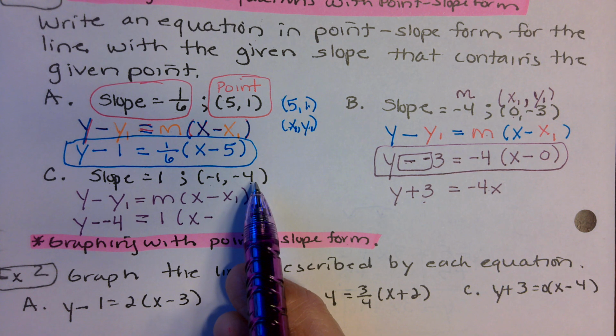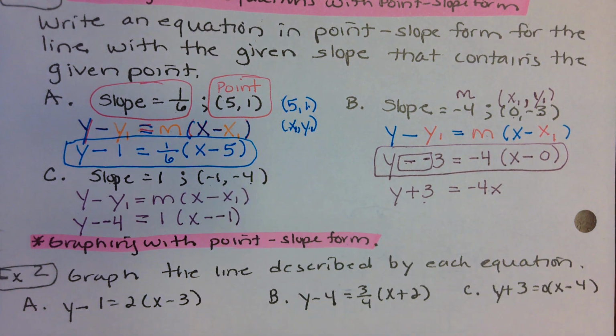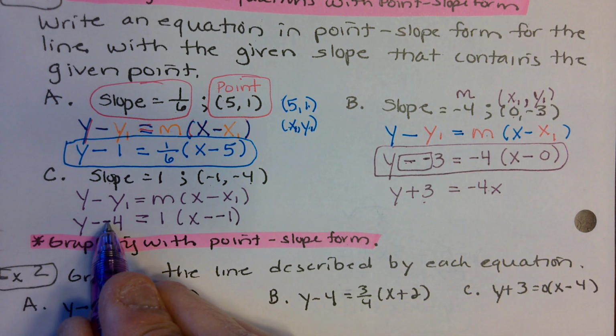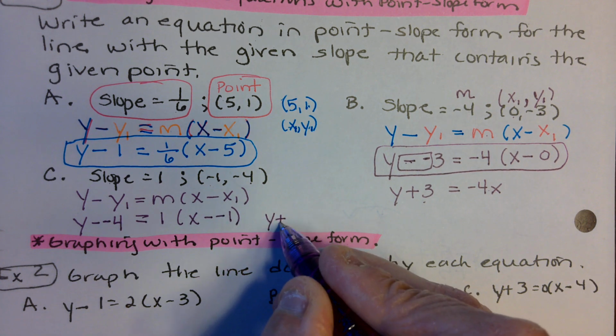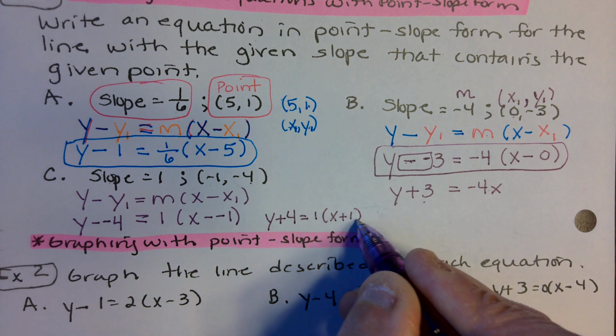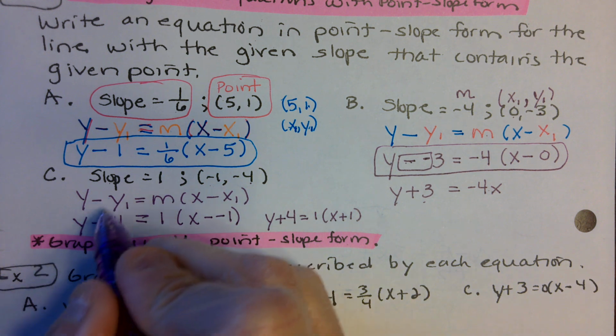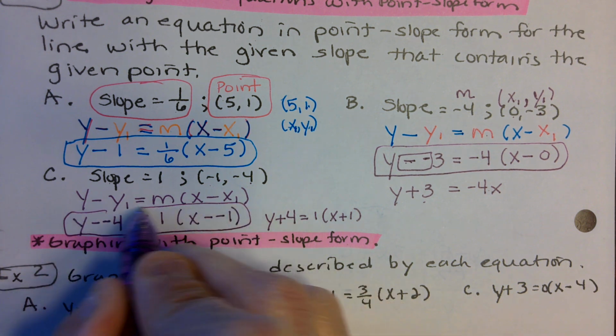Well, let's think. The only one we haven't used is right there. Done. Again, subtracting a negative as a positive, you could rewrite this. Don't have to. Either way is fine, at least for now.